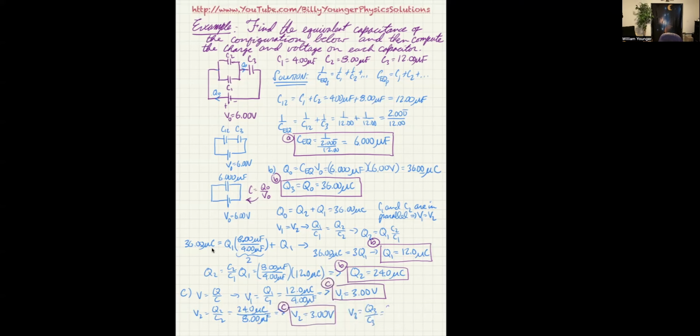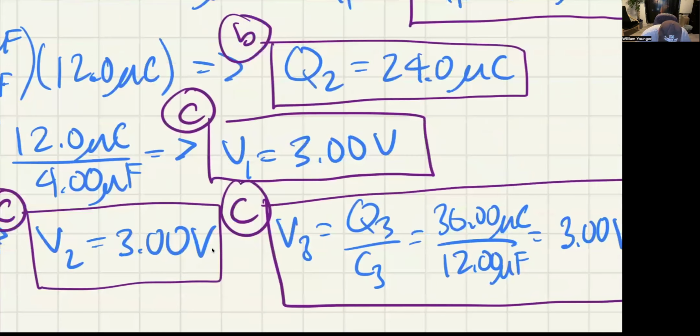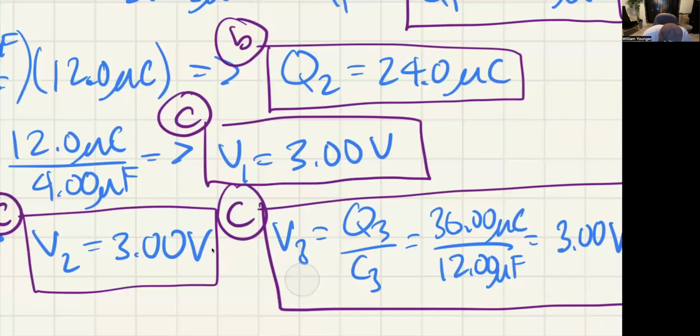Q3 we found was 36.00 microcoulombs, and C3 we found was 12.00 microfarads. 36 divided by 12 is 3, so 3.00 volts is V3, and that's exactly what we had expected. So that's a way you can actually, in a higgledy-piggledy sort of way, solve a capacitance circuit.